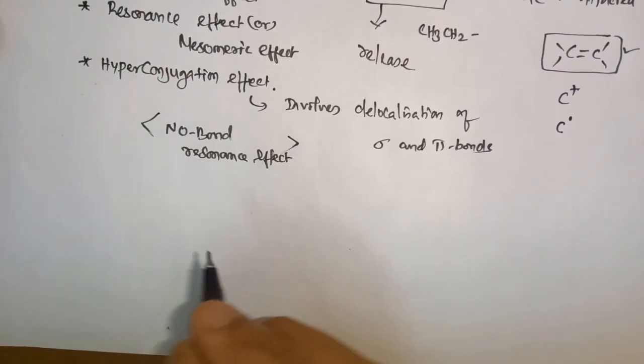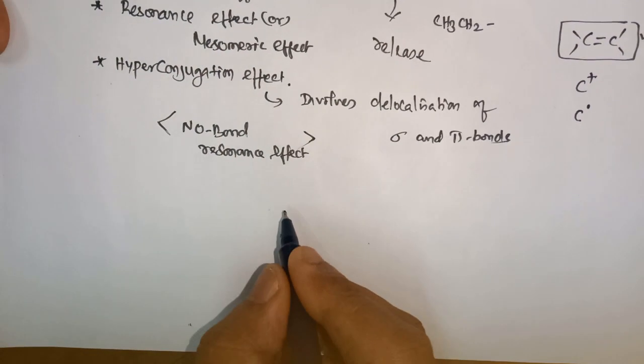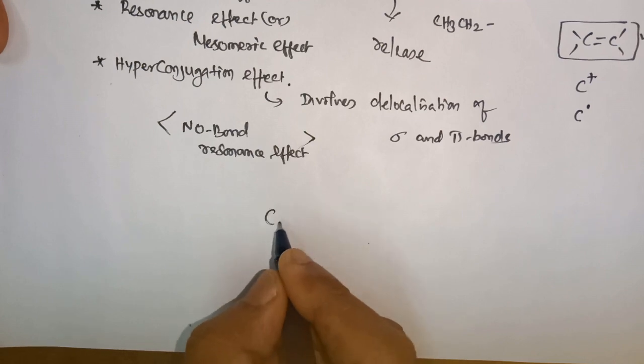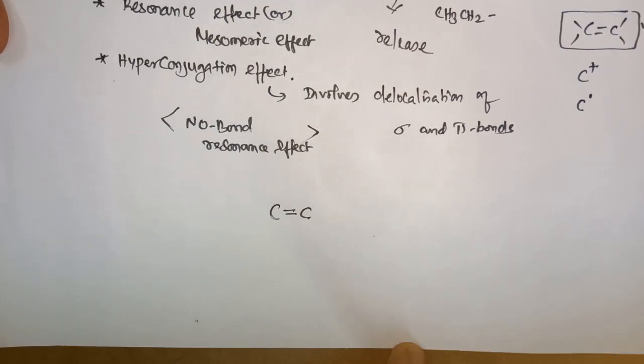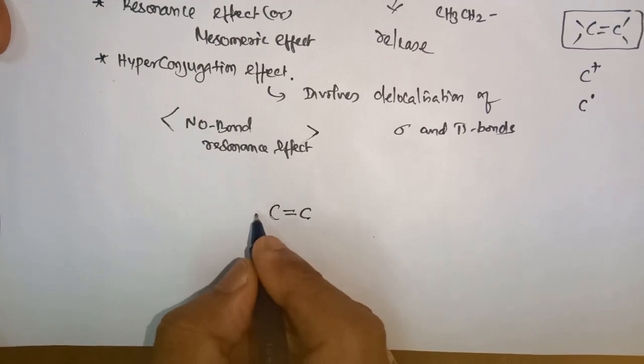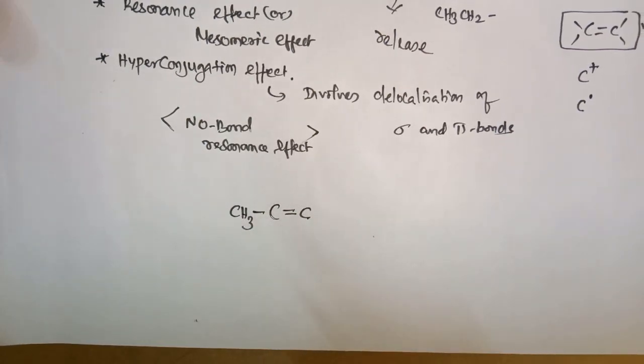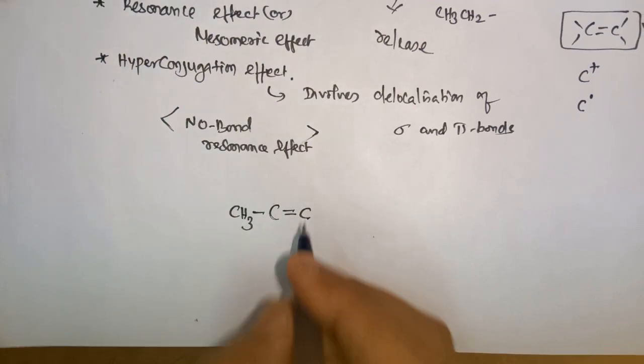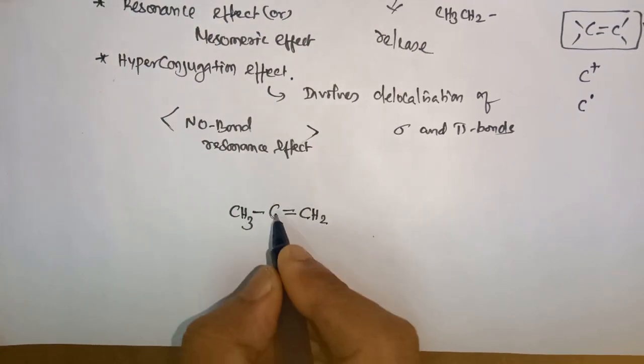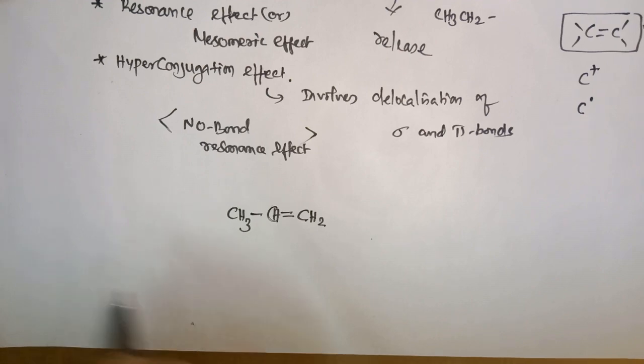Now I take an alkyl group. You see, I take an unsaturated system like this: a carbon double bond carbon, and I attach one alkyl group, CH3, then CH2 and CH.